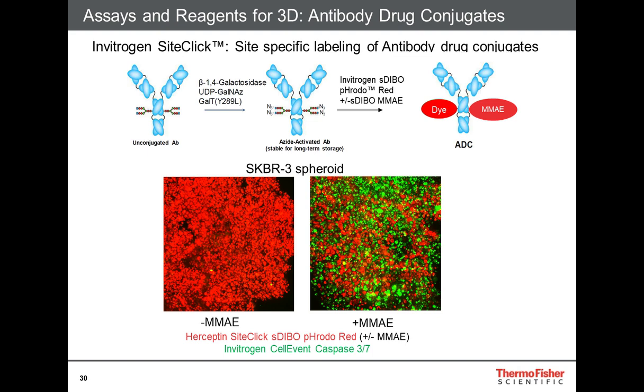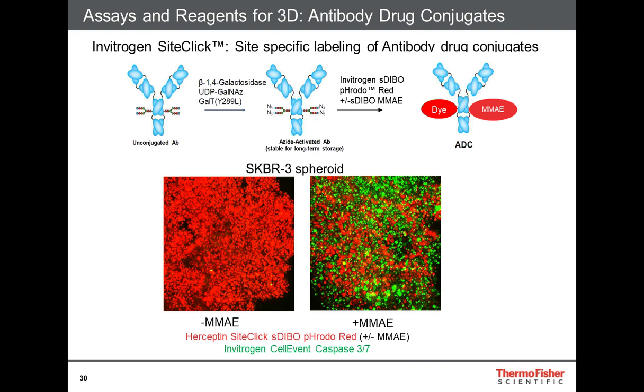We apply this to a spheroid overnight, in this case 24 hours, and we see that this antibody has been taken up and actually internalized to the lysosomes of every red cell in this spheroid. And we see a couple of green spots reporting spontaneous cell death.